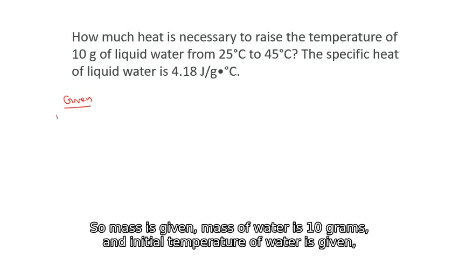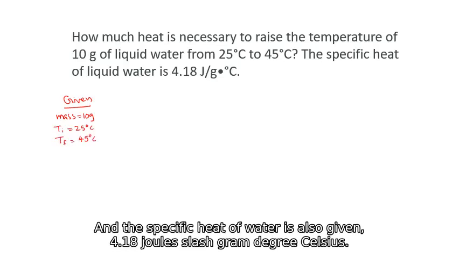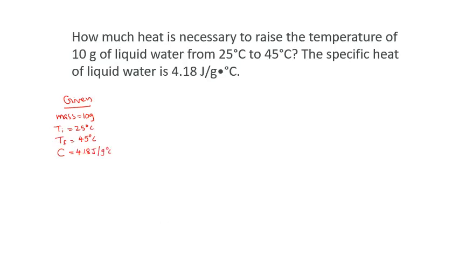So the mass of water is given, 10 grams, and the initial temperature of water is 25 degrees Celsius, and the final temperature of water is 45 degrees Celsius. And the specific heat of water is also given, 4.18 joules/gram degree Celsius. So what is unknown?